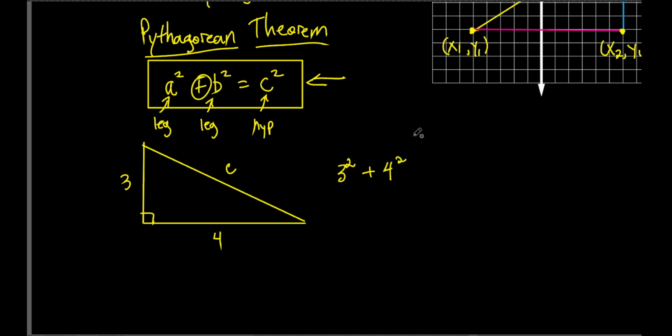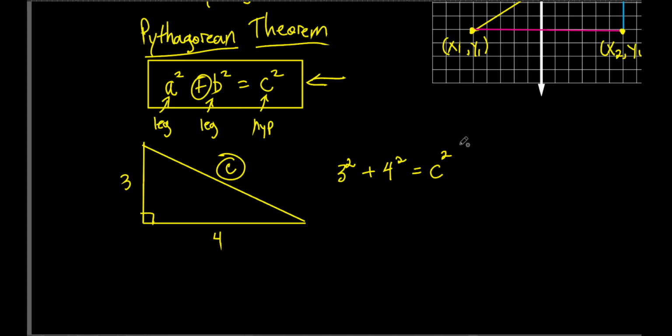C is the hypotenuse, and we don't know the hypotenuse. That's what we're trying to find. We're trying to solve for the hypotenuse. You with me so far? All right. So the A and the B are the legs. So they tell me both of the legs, right? They tell me one is 3 and they tell me the other is 4. So I square them both and set it equal to C squared. Good.